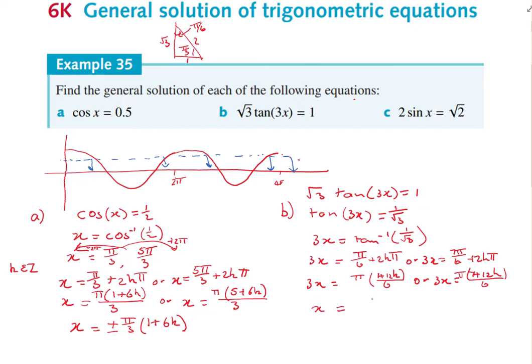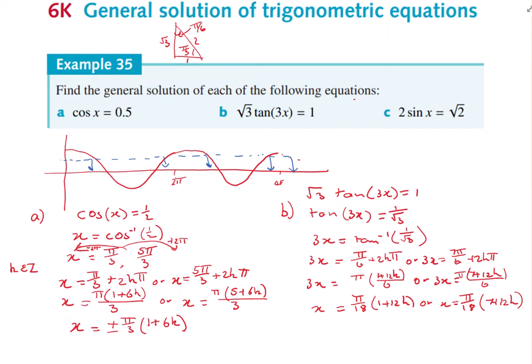So x equals, so if 3 goes to the bottom, that'll make that pi on 18. It's probably the nicest way to write it, as 1 plus 12k, or x is equal to pi on 18 by 7 plus 12k.